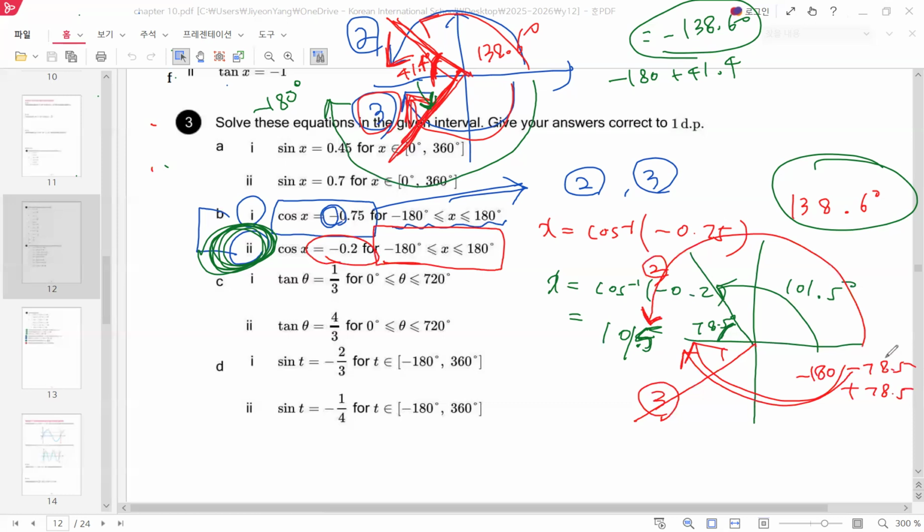Which one? Plus, because this direction is negative, but you need to go back in this direction, which is positive. So the answer should be 101.5 and negative 101.5.